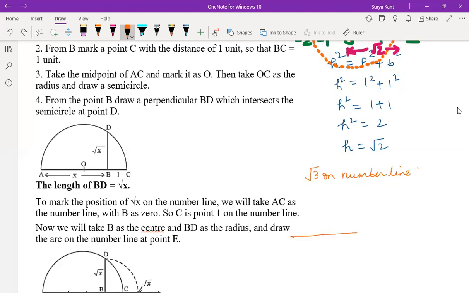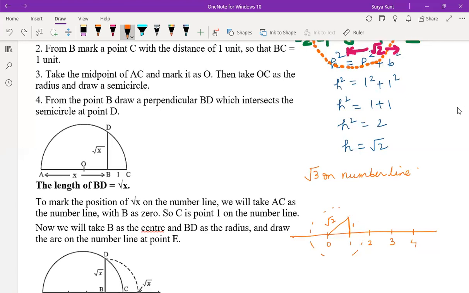Draw one line first. Put 0, 1, 2, 3, 4. Okay. Same way, you just take 1 centimeter like this. Make one line here. This is nothing but root 2. So now you make one circle here.